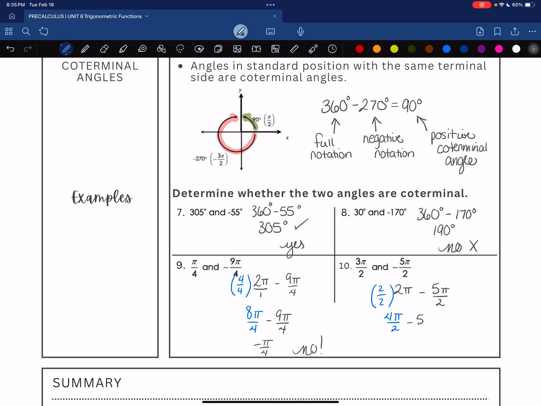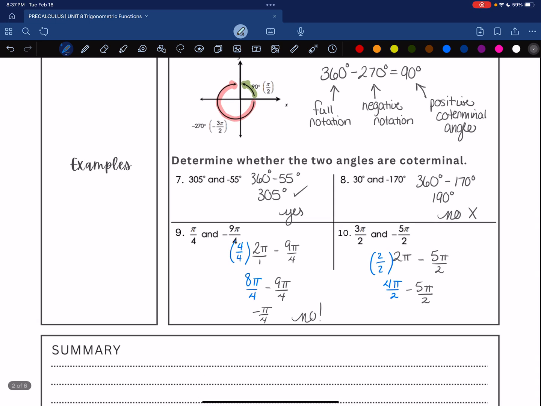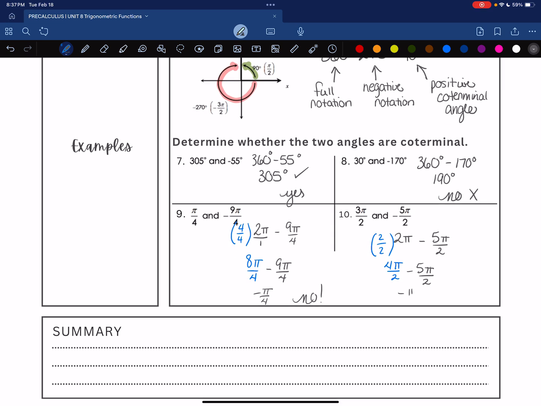Subtract 5 pi over 2 from that. What does that give us? That's going to give us a negative pi over 2. So again, no, not matching what we see there.